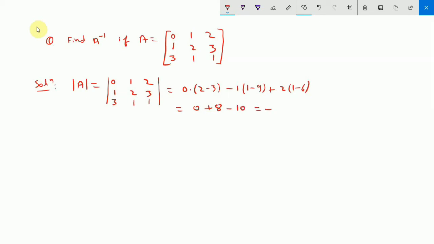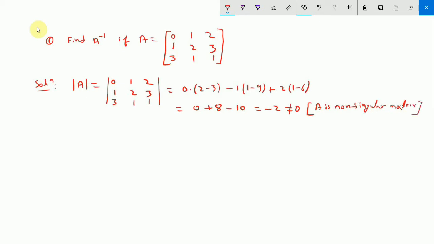So it is equal to minus 2, which is not equal to 0. So A is a non-singular matrix, and we can calculate the inverse using this formula.